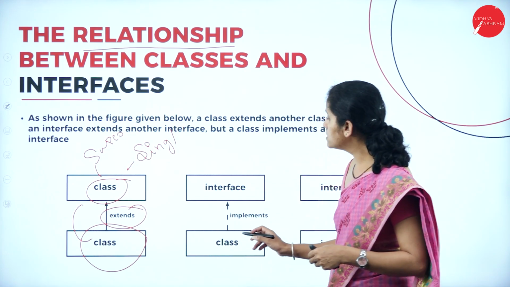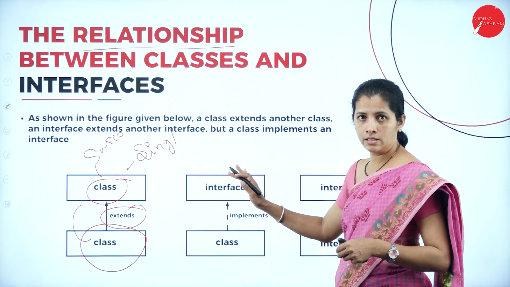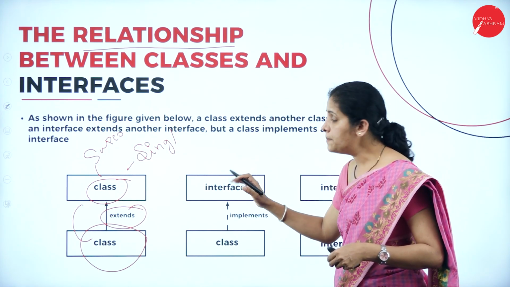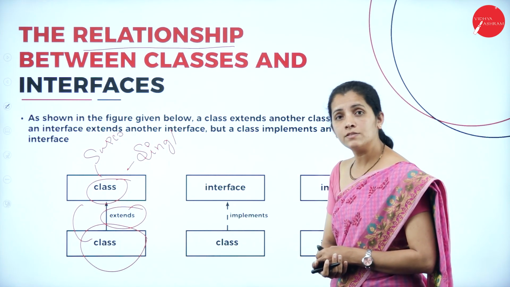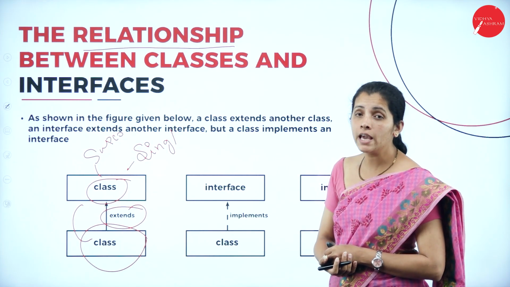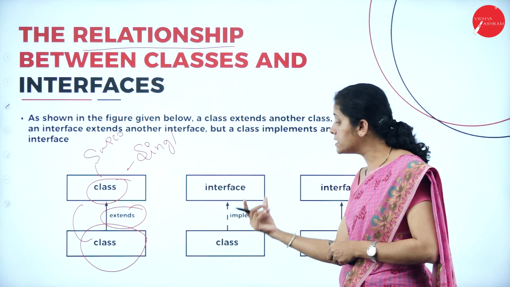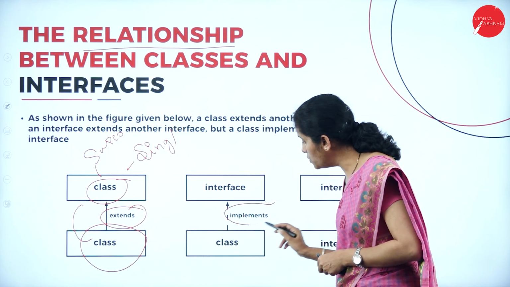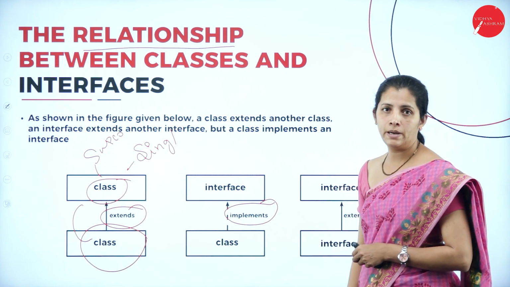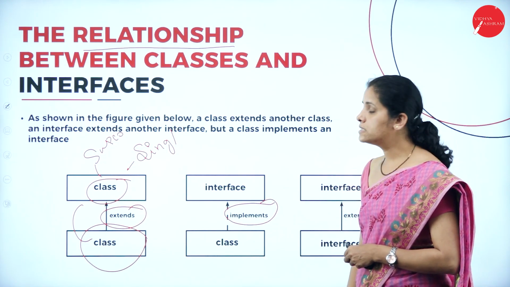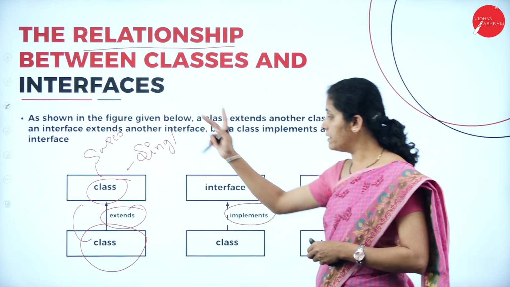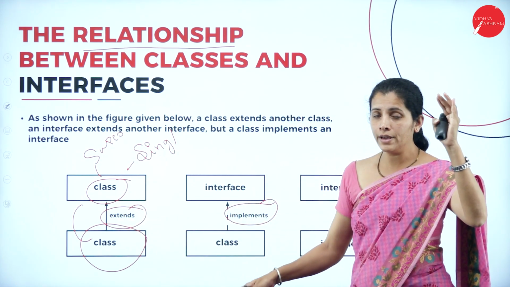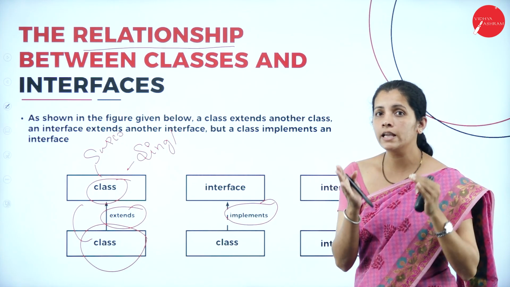And suppose I have an interface and I want to make use of all the properties as well as functions and behavior of the interface in my class, at that time I am going to use the keyword implements. So dear student, please remember here, when I have two classes, then it is extends. When I have an interface and a class, then it is implements.